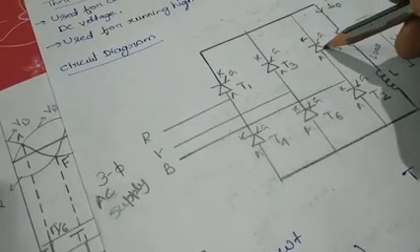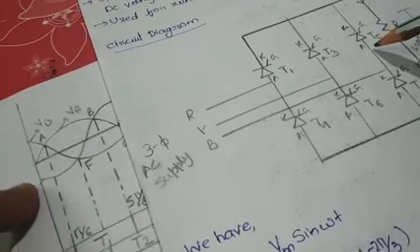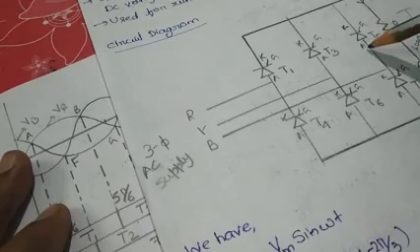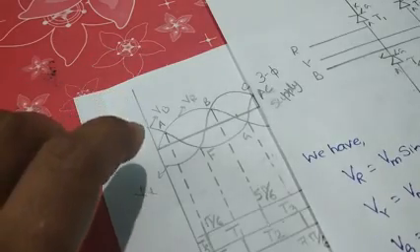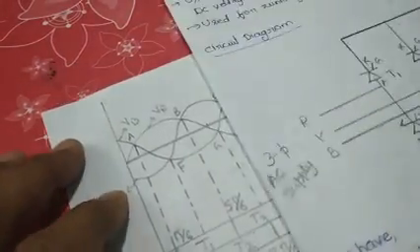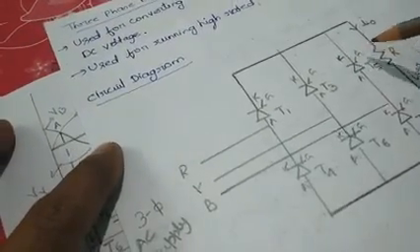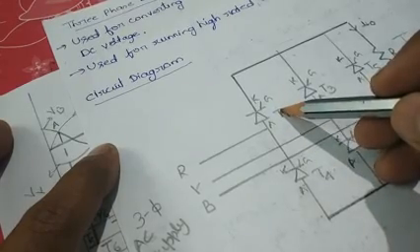That's why T5 was conducting, and after A, what will happen? After A, see from the waveform, from A to B, R phase will be conducting. Why? Because R is more positive. That's why SCR T1 will be conducting.